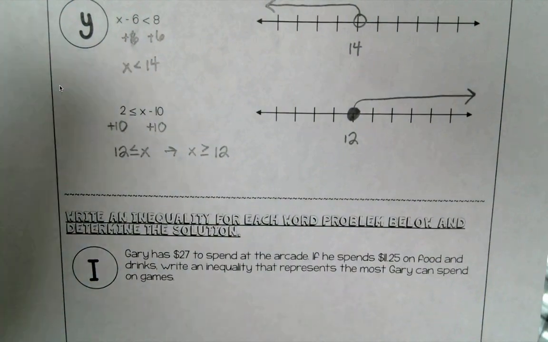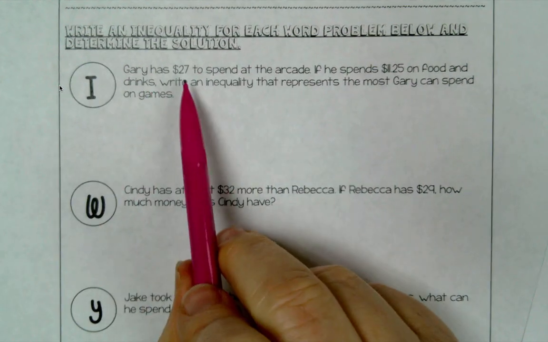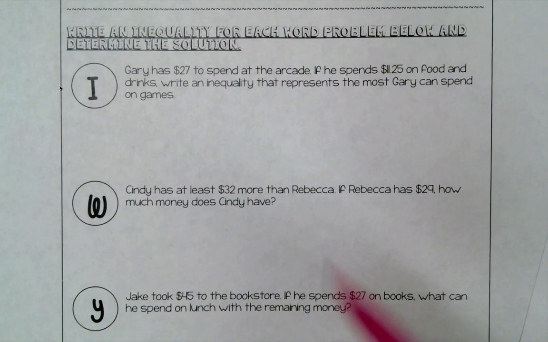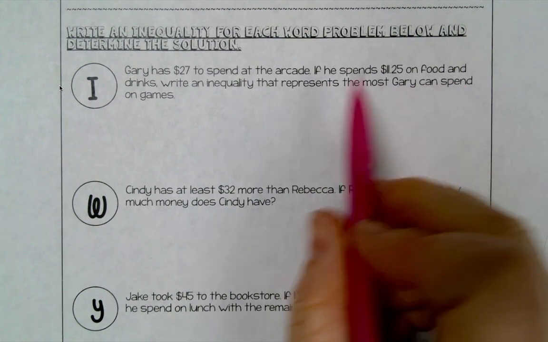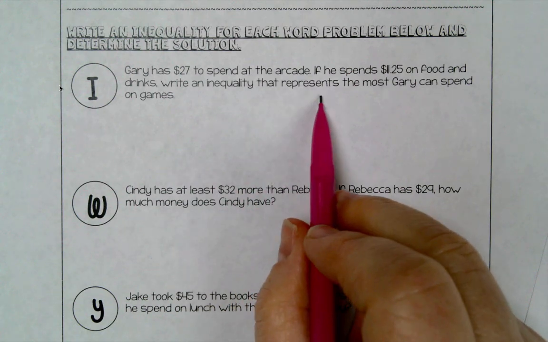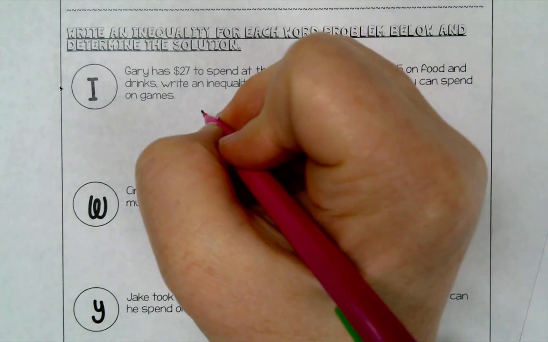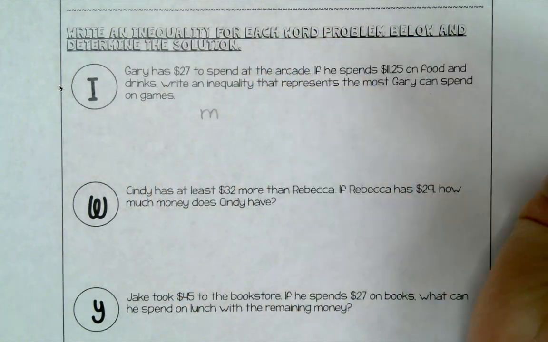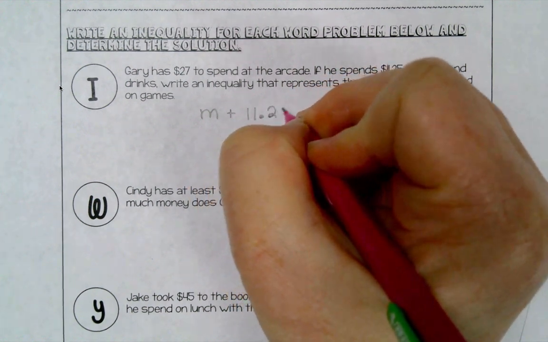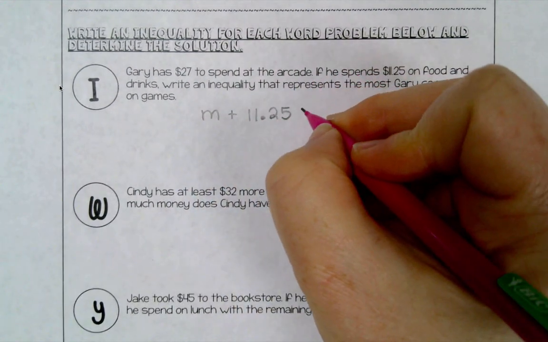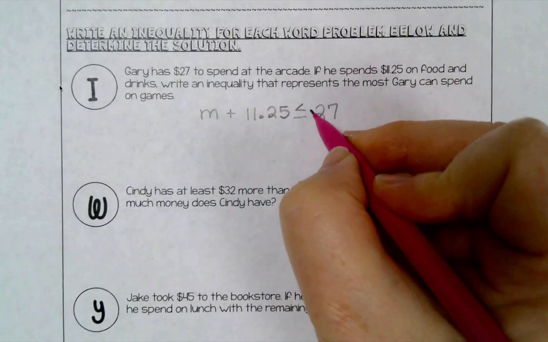Okay, so we have 3 word problems. All right, Gary has $27 to spend at the arcade. If he spends $11.25 on food and drinks, write an inequality that represents the most Gary can spend on games. Okay, so we're going to say money he can spend plus 11.25, because that's what he's already spent, is going to be less than or equal to 27, and here's why.